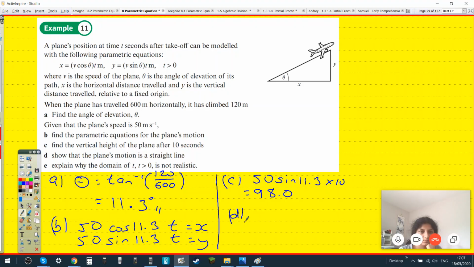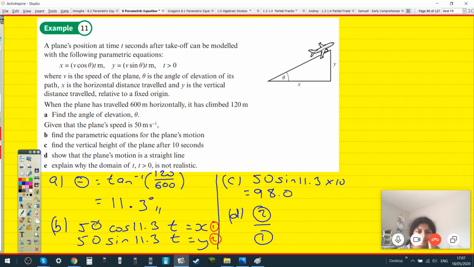What did you mean by sub one into the other? Like when you're finding the Cartesian equation. This was probably totally wrong, but let's just call that 1, let's call that 2. I'm going to do 2 divided by 1.